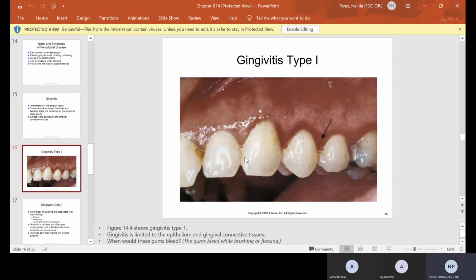So again, that biofilm starter, you can see that white sticky coating around. And if it's not removed, you get this red line around the gums, okay? With help from cleanings and the brushing and flossing that you do at your house, this can improve and the gums can go back to pink. But when it doesn't, it just gets worse, okay?